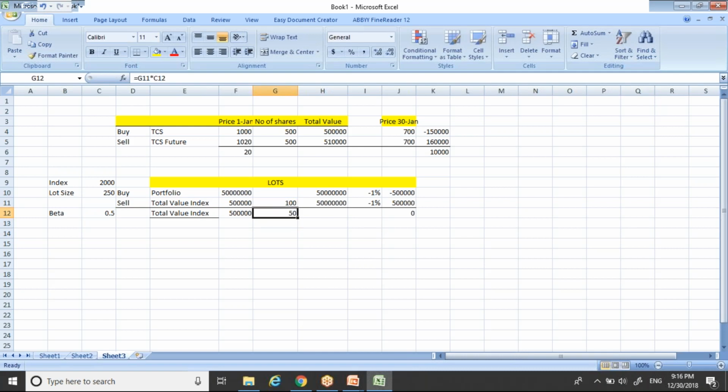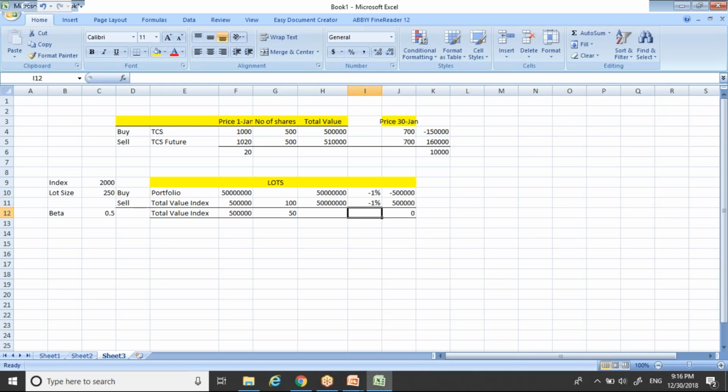So this is the lots we have to purchase. So we have to buy fewer lots. So what is the benefit of this? Let's take care of this situation again. I'm not concerned about this thing. I assume that if the index moves 1%, my stocks move 0.5%. Okay, so this will give me a great edge.